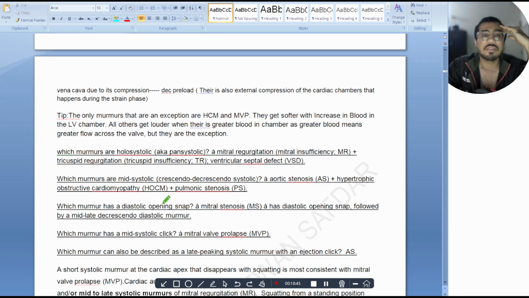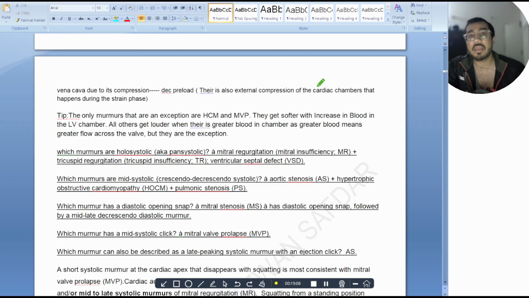Which murmur has a diastolic opening snap? Diastolic opening snap means during diastole, that is during contraction of the atria, there's going to be an opening snap. Mitral stenosis is a diastolic murmur with an opening snap, followed by a mid or late decrescendo diastolic murmur. What do you mean by decrescendo?